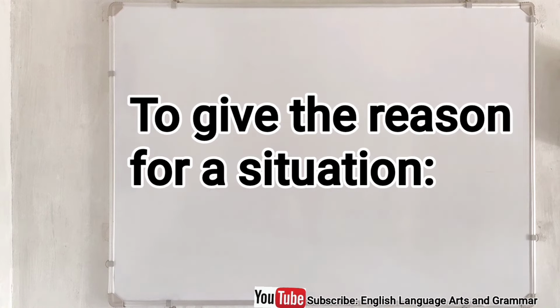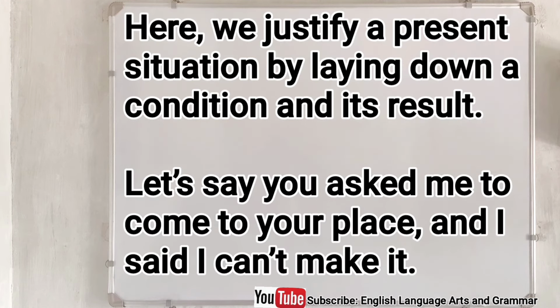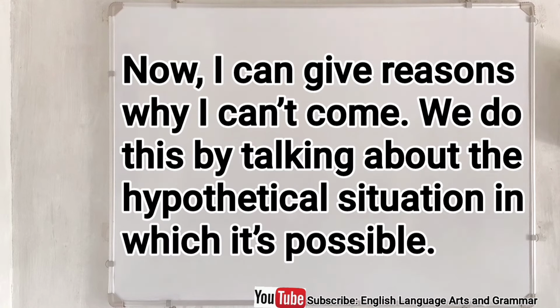Type 2 conditional is also used to give the reason for a situation. Here, we justify a present situation by laying down a condition and its results. Let's say you asked me to come to your place and I said I can't make it. Now I can give reasons why I couldn't come.